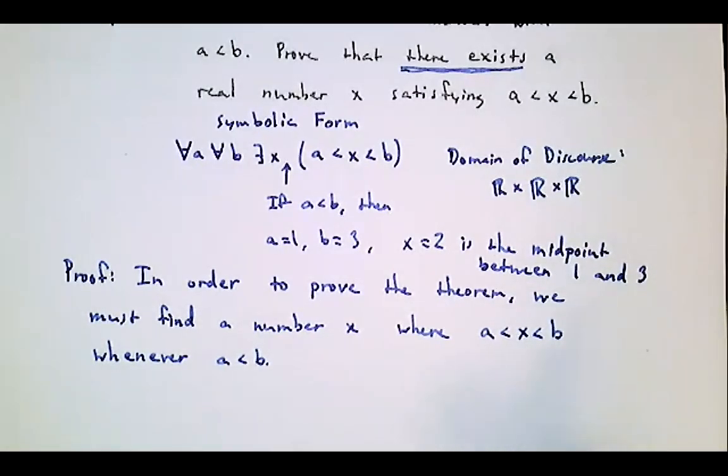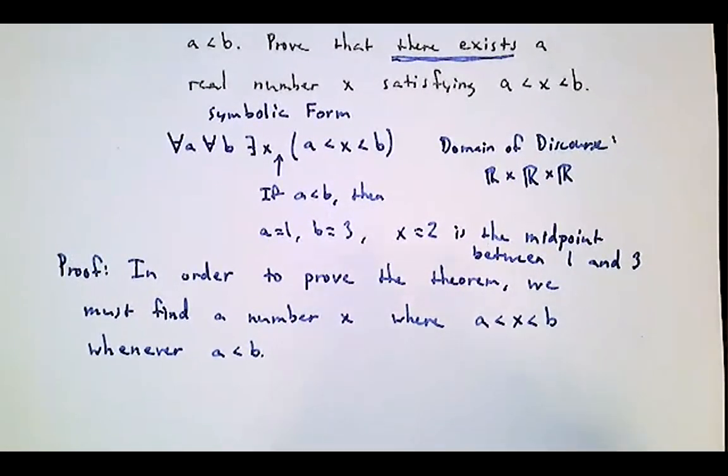Thinking back to maybe one of your algebra classes, can you think of how to find the midpoint in between any two numbers? So if I just give you two numbers A and B, what's the midpoint in between? Is there a formula? Right. So the midpoint in between them is the average of the two numbers.